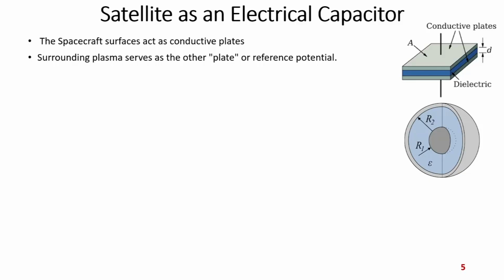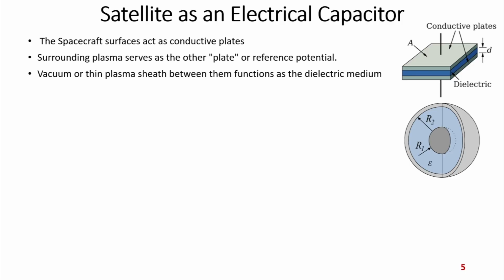One plate is your spacecraft surface and the other plate is the non-neutral plasma. Non-neutral plasma means outside the Debye length or the Debye shield. Here, the vacuum or the thin plasma sheath between them functions as the dielectric medium.